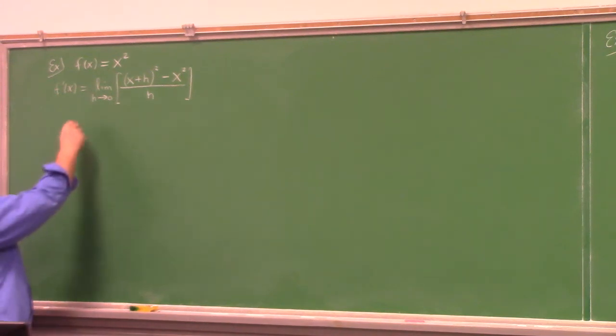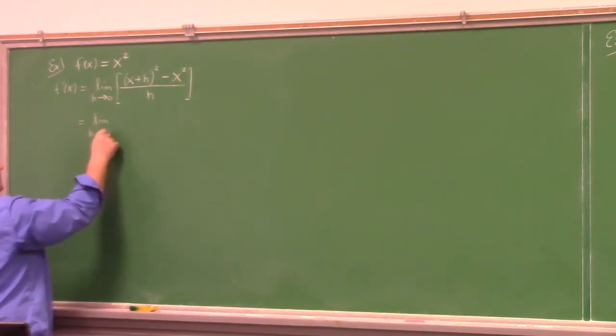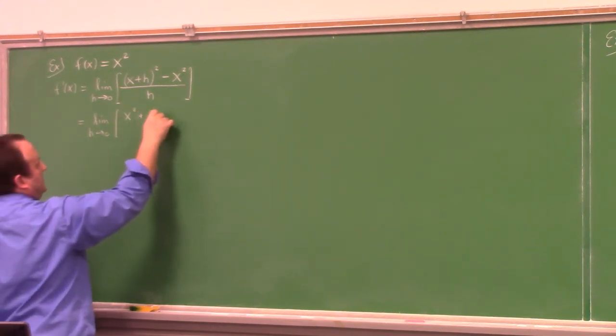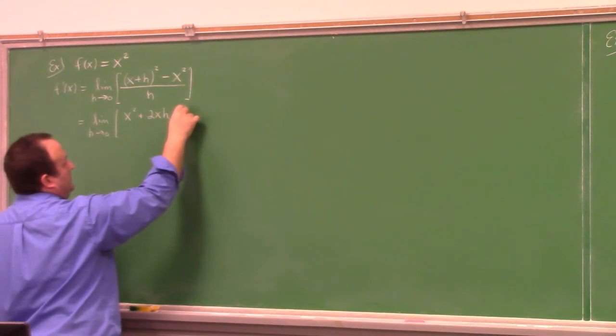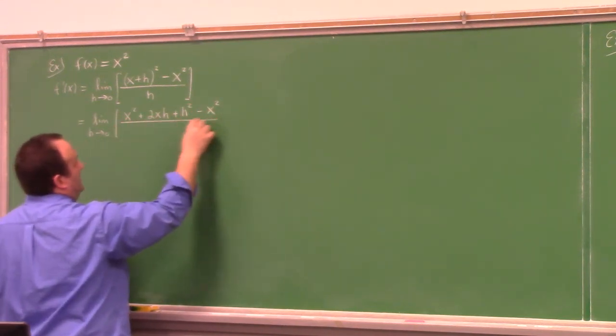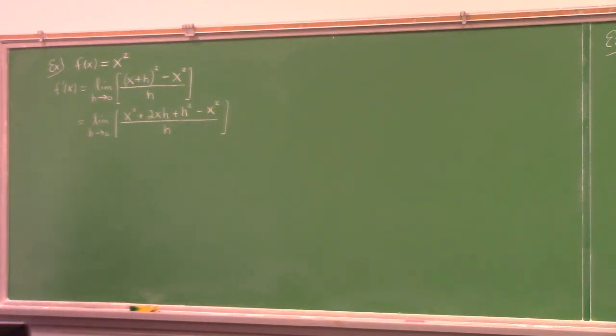So what happens? We've got x squared plus 2xh plus h squared minus x squared, all divided by h. Notice that the x squareds cancel again, right?